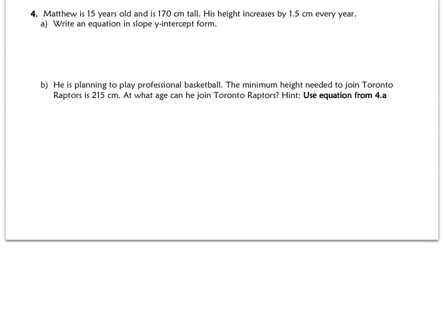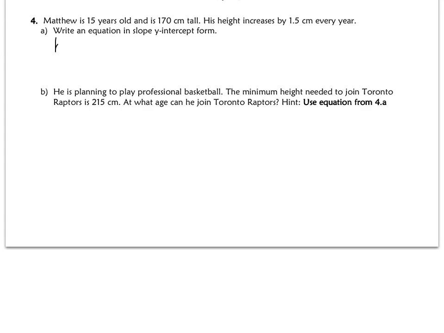The last question, for part A, it says that Matthew is 15 years old and is 170 centimeters tall. His height increases by 1.5 centimeters every year. What is the equation in slope y-intercept form? First of all, we know that his initial height is 170. So b, or y-intercept, the initial value, is 170. And every year, his height increases by 1.5 centimeters.